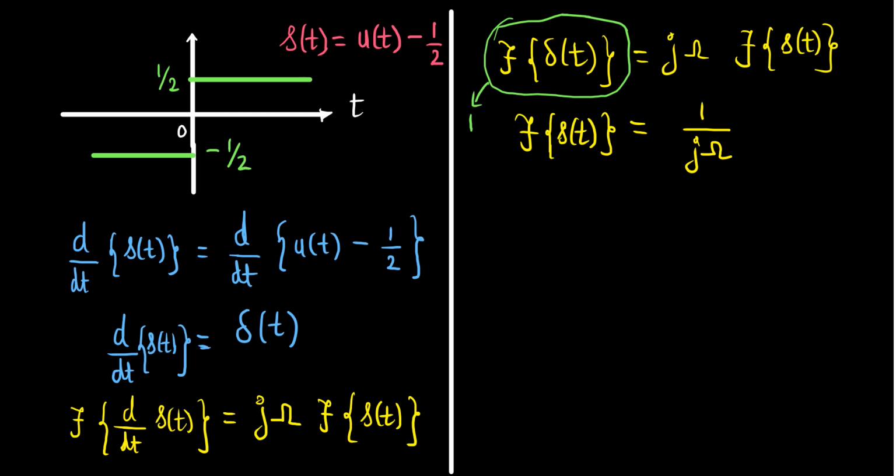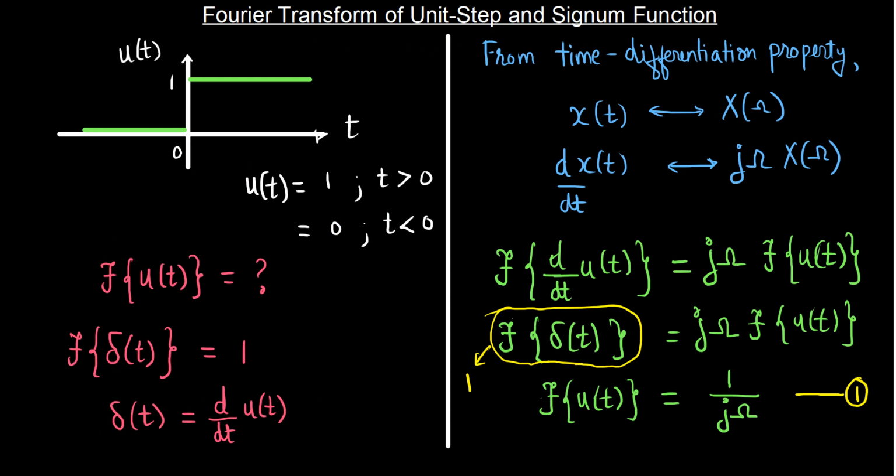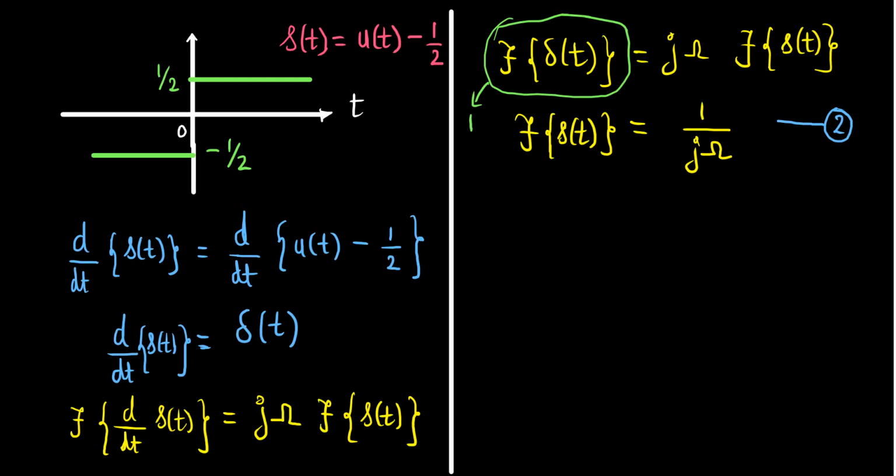Now compare this new equation, let that be 2, with the one which we obtained in the previous example. You can see that the Fourier transform of u of t is 1 upon j omega, that's what we have obtained here, and the Fourier transform of s of t, the new function that is actually a shifted version of u of t, is also 1 upon j omega.